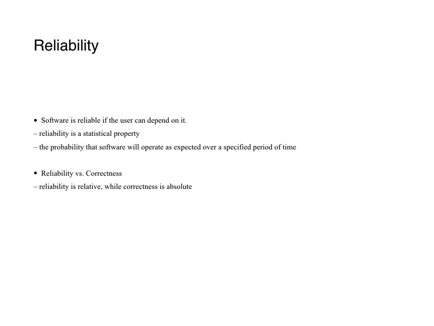We have already told you that reliability depends on the users. But a program is either correct or incorrect. There is nothing in between. It doesn't depend on the users. That's why we say that reliability is relative and correctness is absolute.